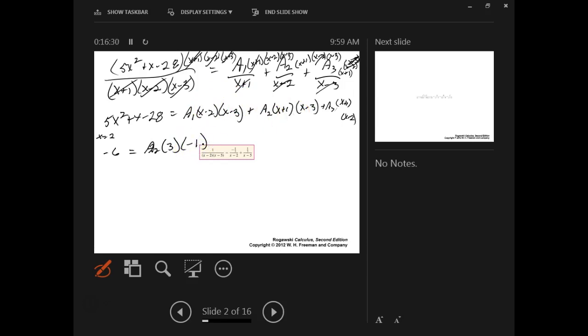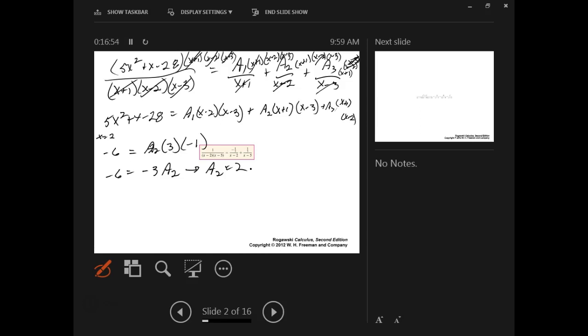Do you see that? Don't think we need the calculators yet, but let's see. This gives you negative 6 is equal to negative 3 a2. So what is a2 equal? Positive 2. That wasn't too bad, was it?